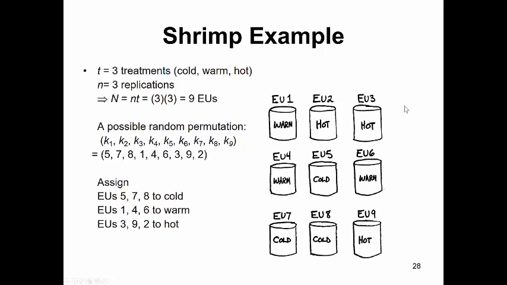Now again, there are many ways that you can do this, but the point is that this is a random allocation of the treatment, which here is the water temperature. That's the important aspect of it. Like I said, I can show you how to do that in JMP software as well.